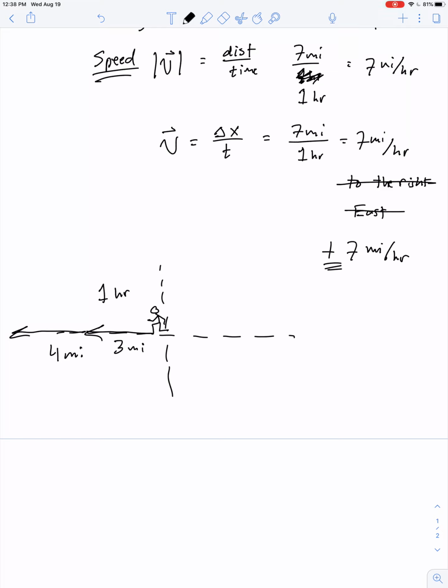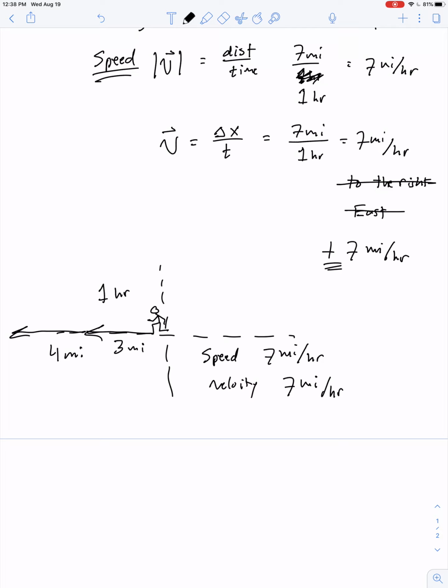Their velocity this time, well, it would also be in magnitude 7 miles per hour, right? The magnitude of their velocity and their speed is the same when the motion is only in one dimension.